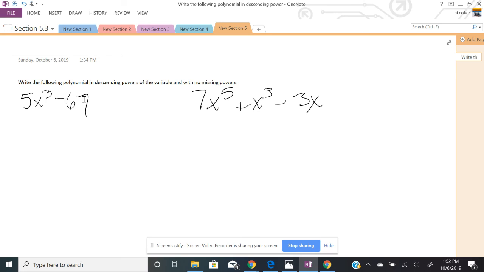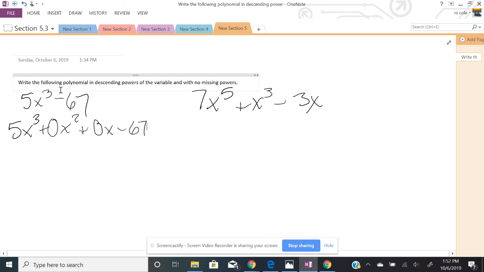And I also need to make sure I have an x before I get to the number. So I'm going to start off with 5x cubed. And I can add plus, and I need x squared, but I can't change the original expression. So that means you put a 0 in front of it, and then you can do plus 0x, and then minus 67.